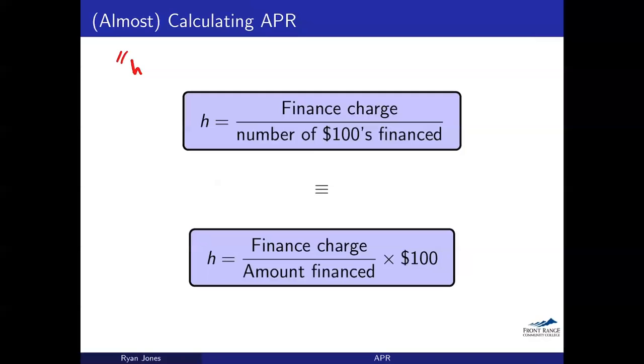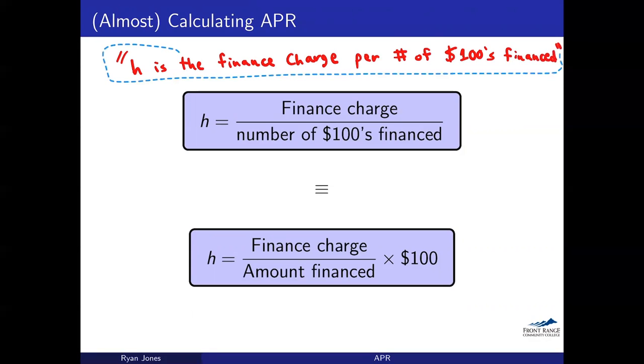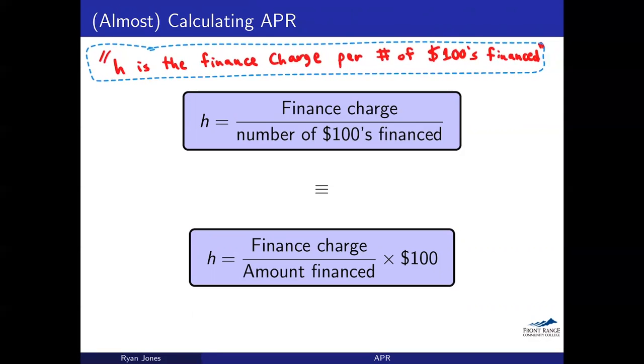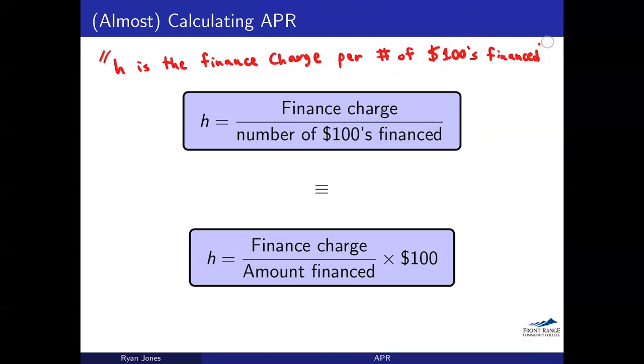H is the finance charge per number of $100 bills financed. And I like saying this out loud because this verbal statement you can convert into a mathematical statement, and that's exactly what I have in the boxes right below it.